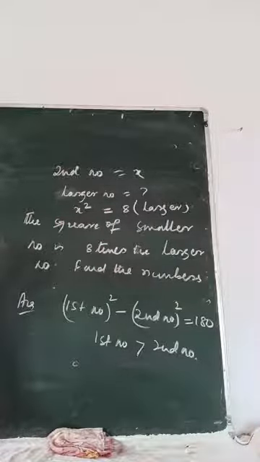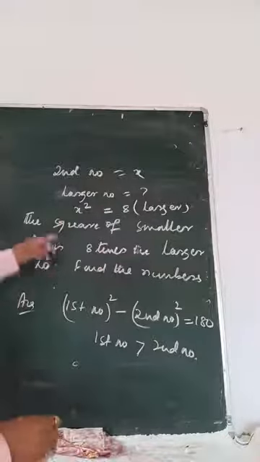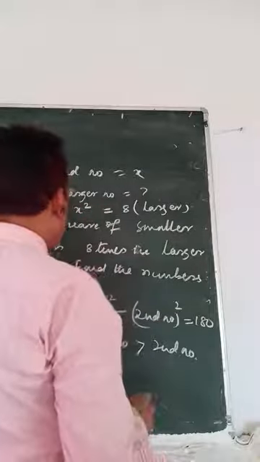The square of the smaller number is 8 times the larger number. The second number is the smaller here.